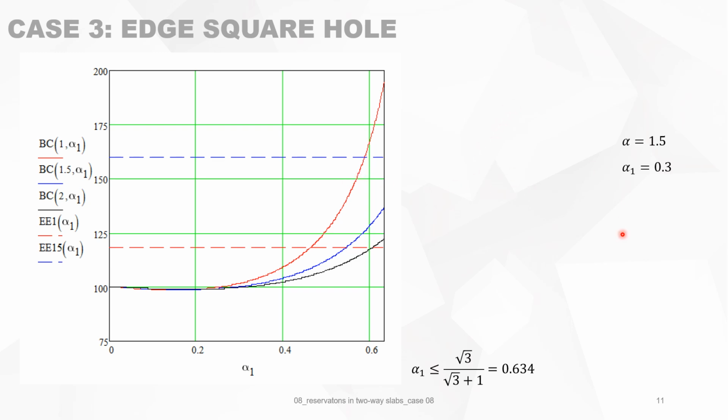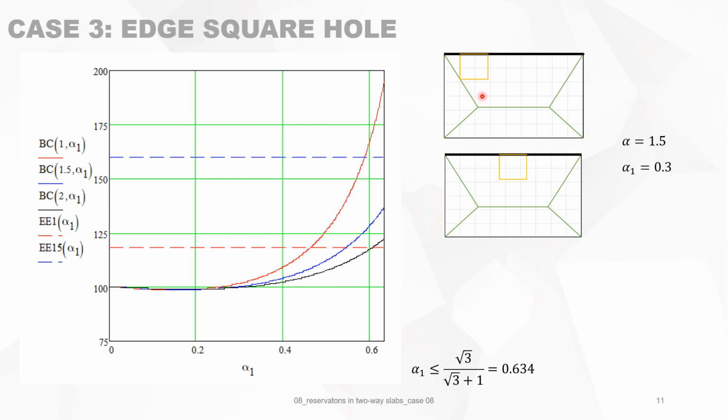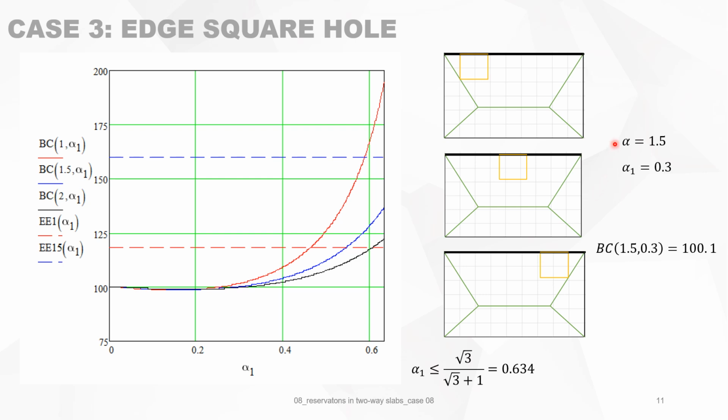Now let's see what it gives when we have a hole, for instance, with 0.3 as A dimension, and we look at the different positions that this reservation can have. Then you see that the formula is independent of alpha 4, and the bearing capacity is 100%.